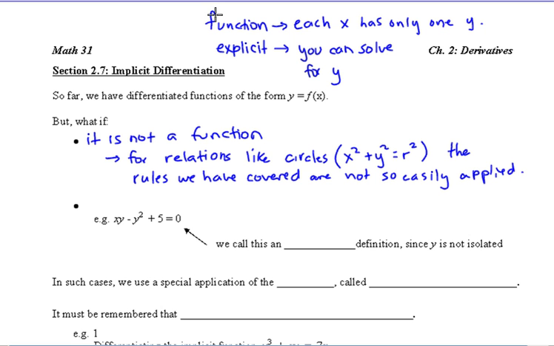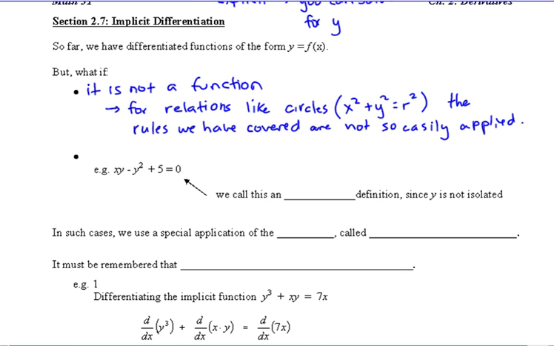You're here? Okay, so there's two cases. What if it's not a function, or what if y cannot be isolated? We want just y on one side and only x on the other side. So here's a function where y cannot be isolated. Actually, it's a relation.